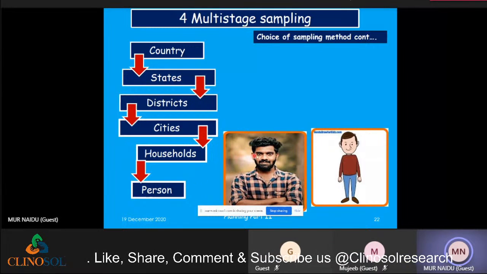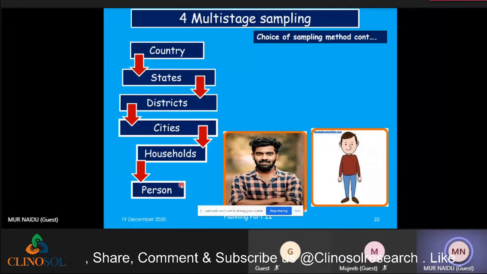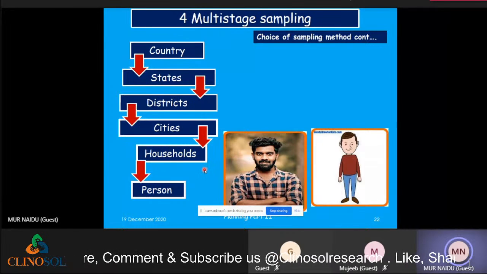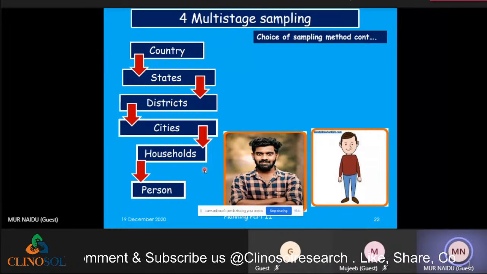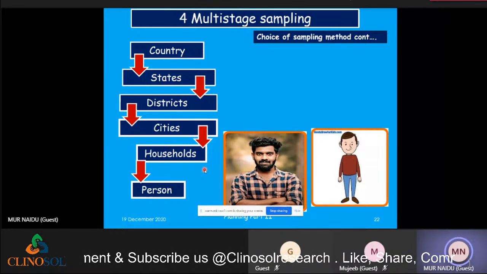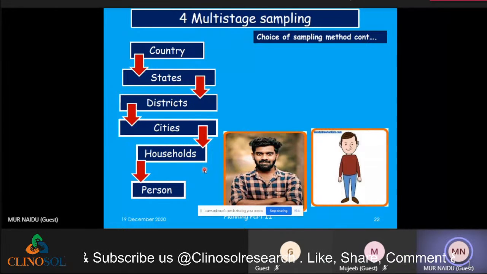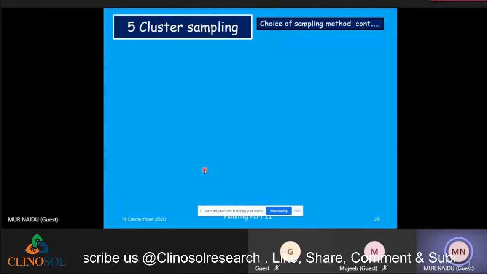Okay, this person is suitable, fulfilling my criteria, and then he becomes my sample. So multi-stage sampling is done like that. As in my example of diabetes, for a disease with high prevalence, this type of multi-stage sampling is done. Now cluster sampling.